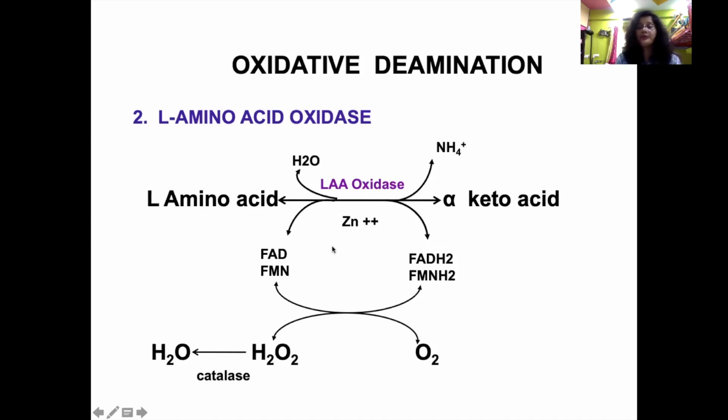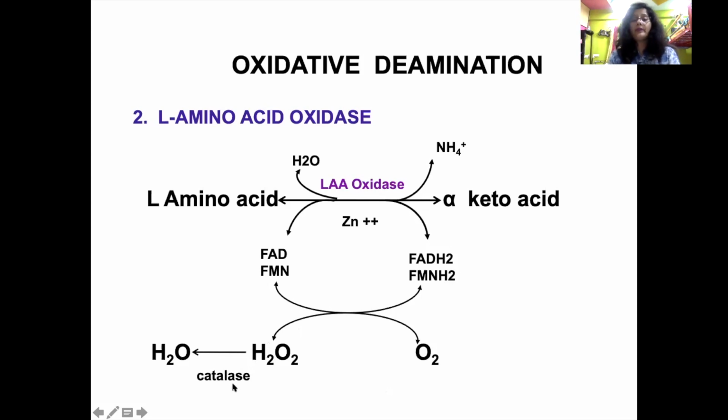It can use FAD and FMN both. In oxidation, FAD is converted into FADH2 while FMN is converted into FMNH2. Now in the conversion of FMNH2 back to FMN, H2O2 is released, and this H2O2 is neutralized by the enzyme catalase.